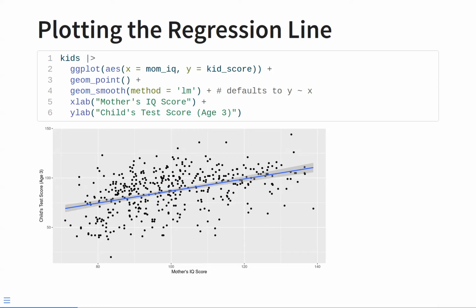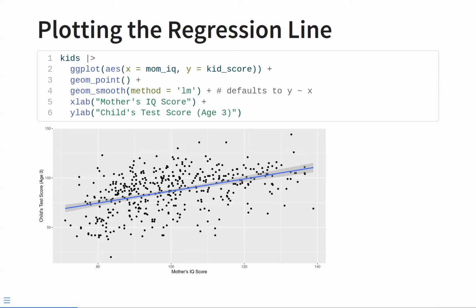If you don't tell it anything else, now, of course, to run a regression, you need a formula. You need to know what the model is. But if you don't specify one, then geom_smooth is going to default to regressing y on x. And how does it know what's y and what's x? Well, that's the great thing about an aesthetic mapping. It specifies that right off the bat. So in line 2, we've already said that the mom's score is on the x-axis and the kid's score is on the y-axis.